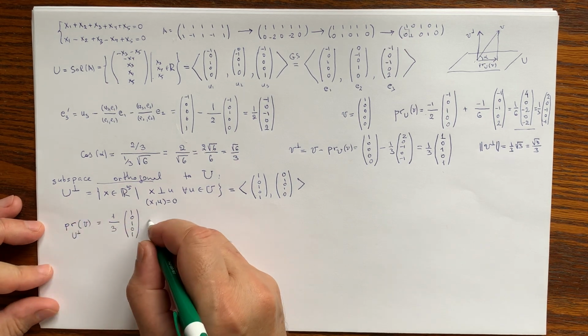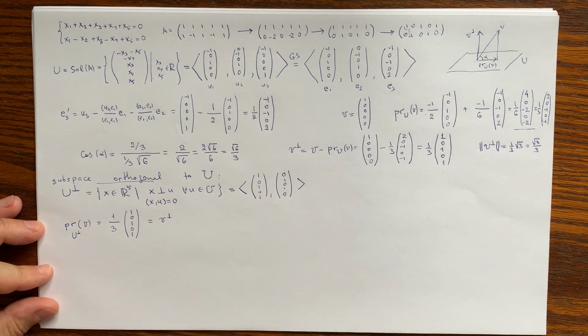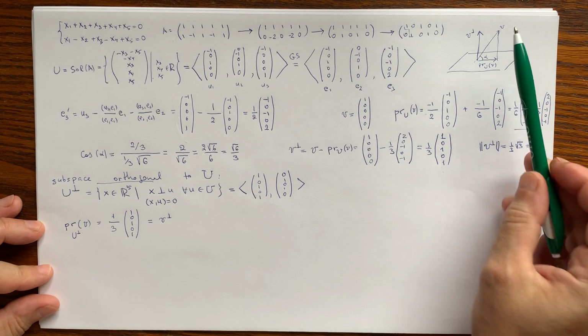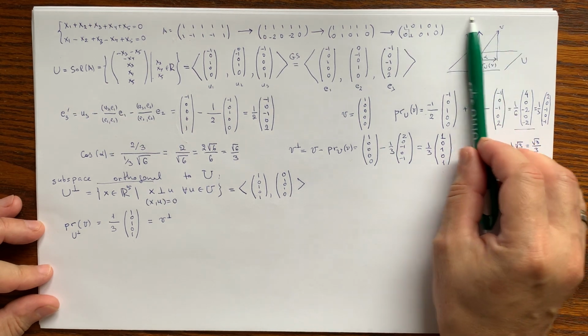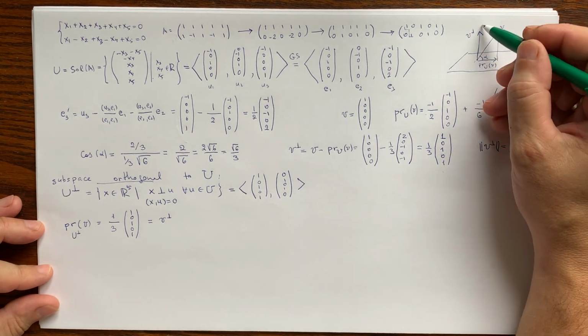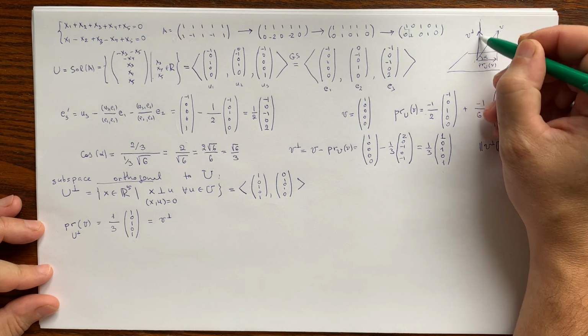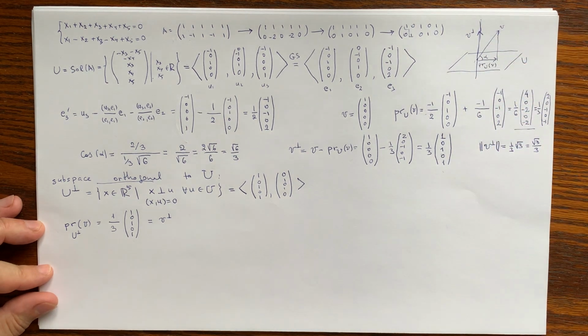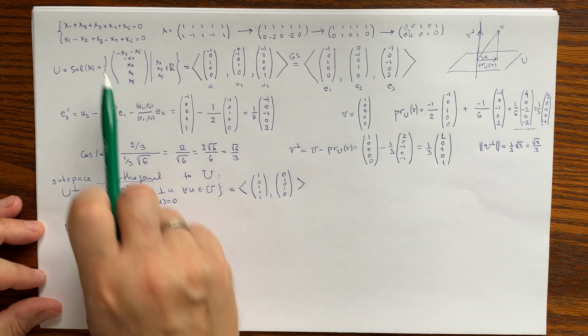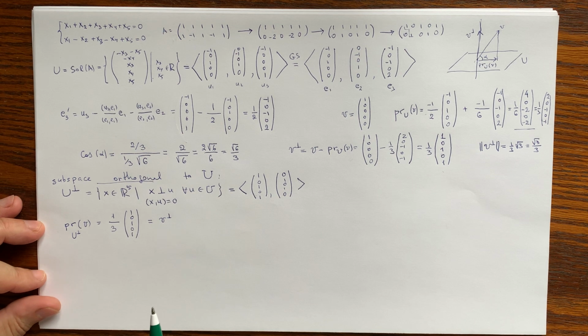That is nothing but this orthogonal component of V, which is another way of saying projection onto the orthogonal subspace. The orthogonal subspace in this picture is just a line, but that is because we are short in dimension. In this picture we don't have the luxury of 5-dimensional space.